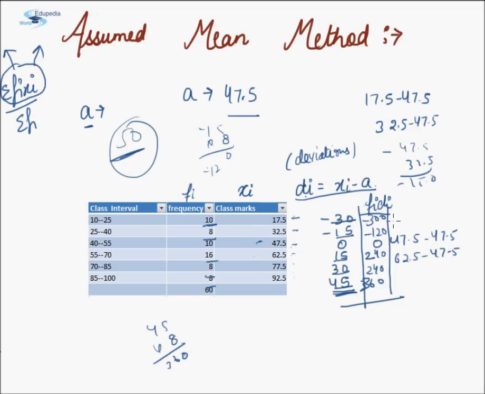So now we have some values as the products. Let us sum up these values. That is, we have minus 300 and minus 120. On adding up it will be minus 420, and we have 0, and then we have positive values.